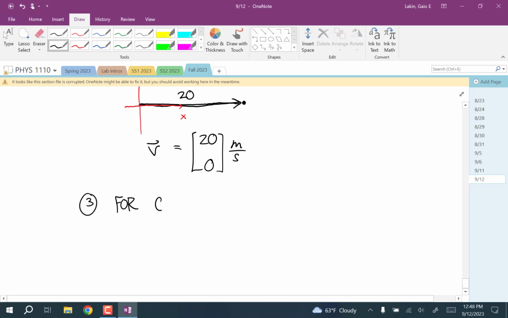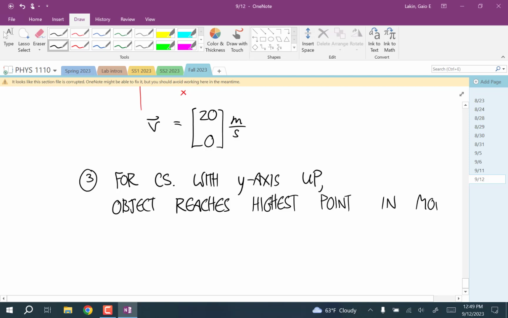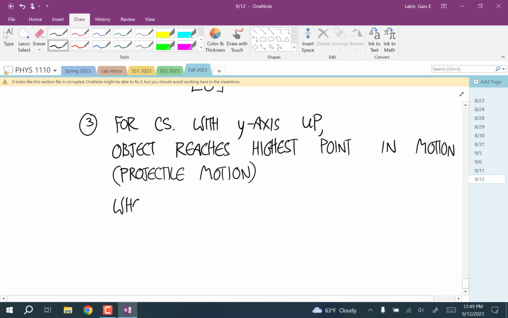For a coordinate system with the y-axis pointing up, an object reaches the highest point in its motion, this is for projectile motion and free fall, when the y component of velocity is equal to 0.